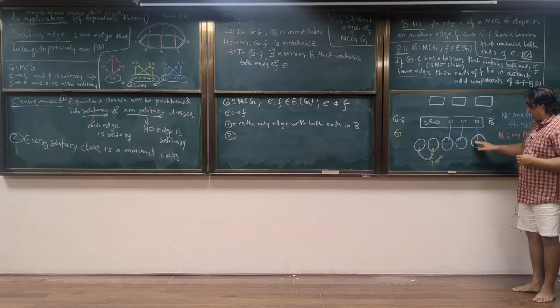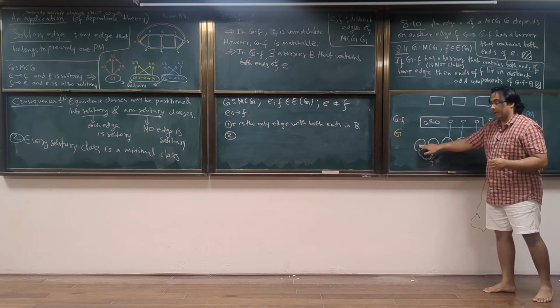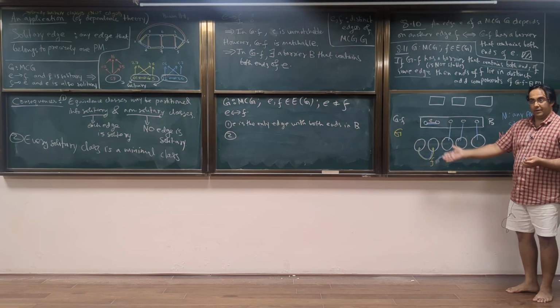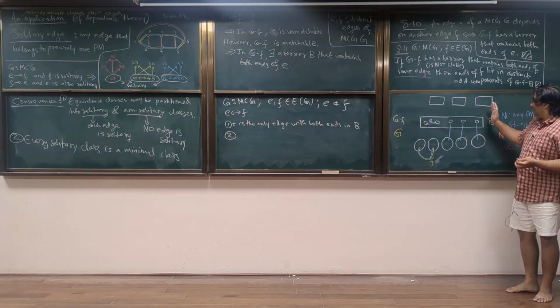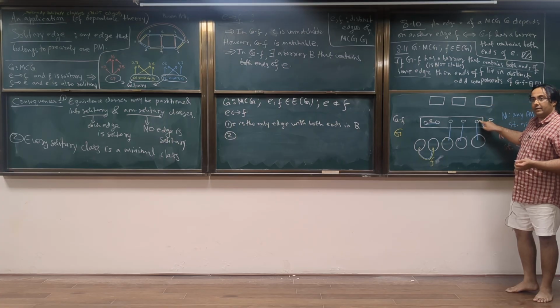And now you complete the perfect matching here, here, here, and here. That I can do. If there is a perfect matching containing E and F, it has to look like this. And observe that it doesn't use any edges between an even component and the barrier.